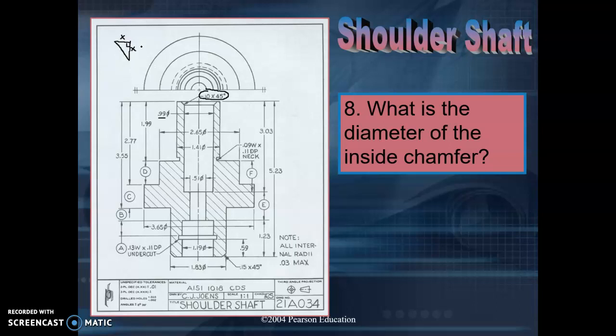So the 0.10 is equal to both the vertical and the horizontal dimension of that chamfer. So that means that we're going up 0.1 and over 0.1. So we're going over 0.10 on the left, over 0.10 on the right, and so the diameter of the chamfer is going to be 0.99 plus 0.10 plus 0.10. So that's going to be 1.19.